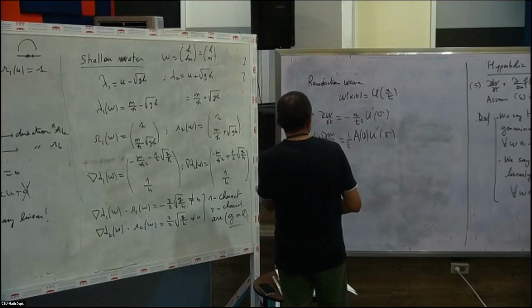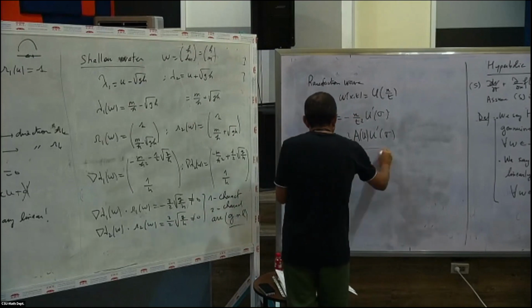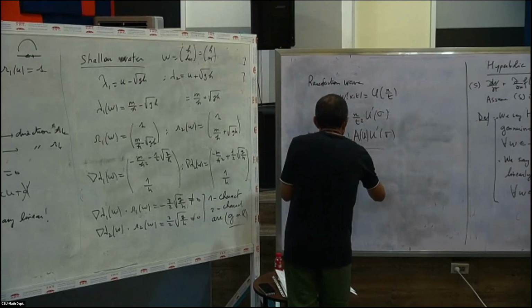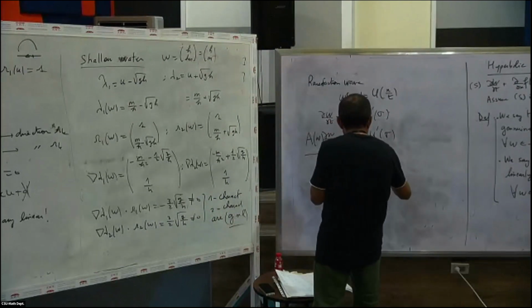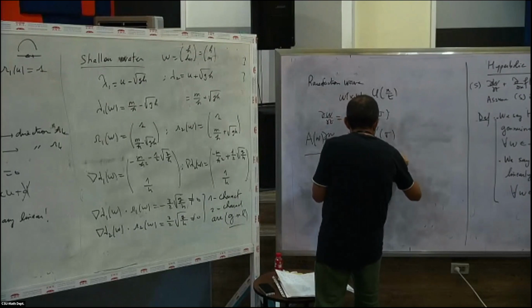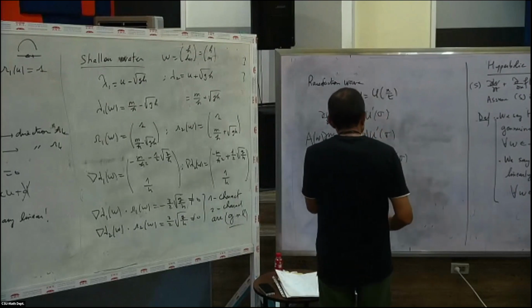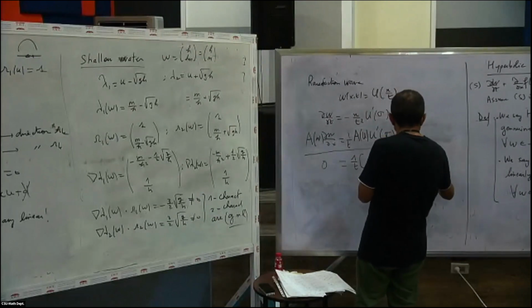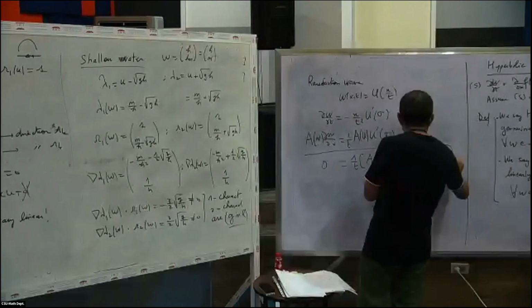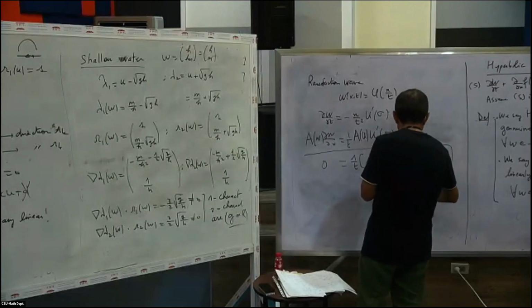So if you add them up, it is 0, the same thing. You will get A of u multiplied by u prime of sigma is minus sigma u prime of sigma. So this must be 0. Okay?